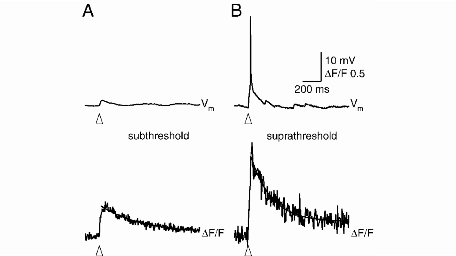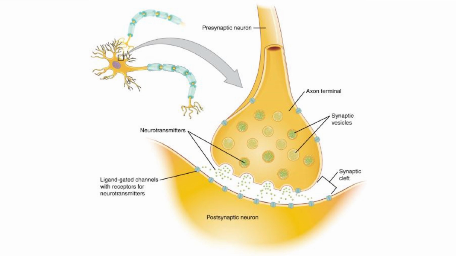So in essence, when a nerve signal reaches the axon terminal or the presynaptic terminal of the neuron, the neurotransmitters are released, the excitatory neurotransmitters, for example, and the neurotransmitters bind to the ligand-gated ion channels, and they cause a certain amount of positively charged ions like sodium to flow into the postsynaptic neuron.